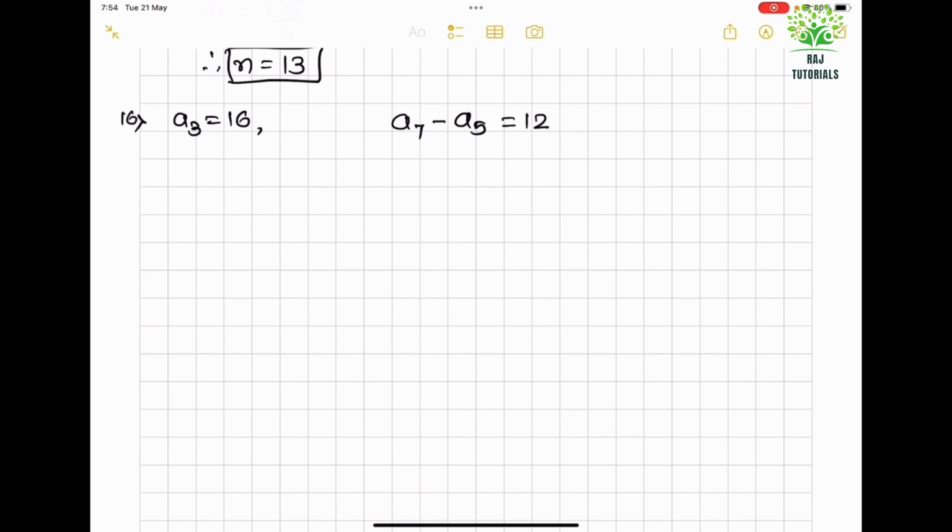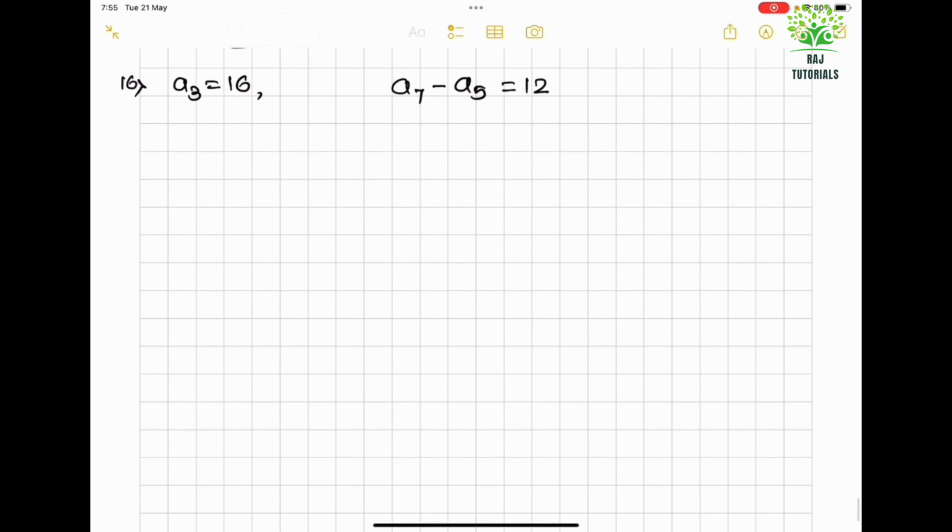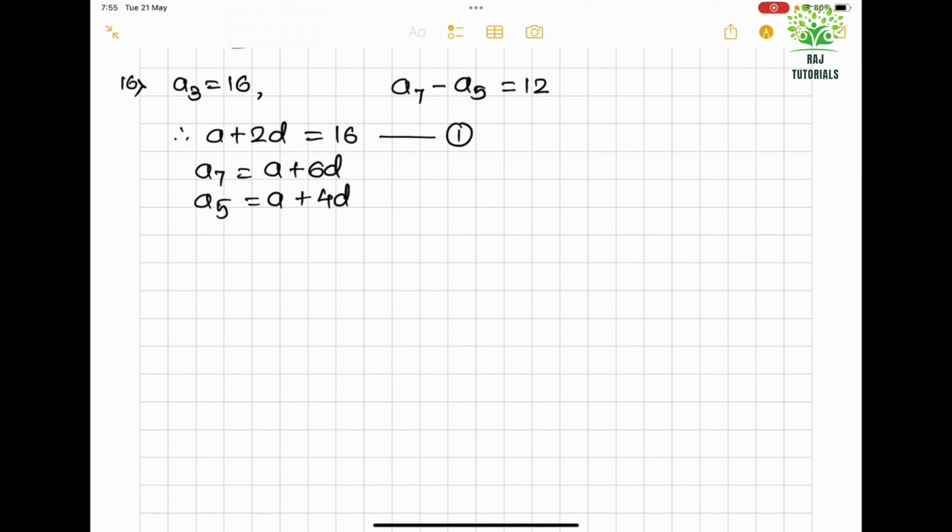Now the 16th one says, determine the AP whose third term is 16 and 7th term exceeds the 5th term by 12. So third term is 16. Therefore A plus 2D will be equal to 16. This will be first one. Now A7 will be A plus 6D and A5 will be A plus 4D.